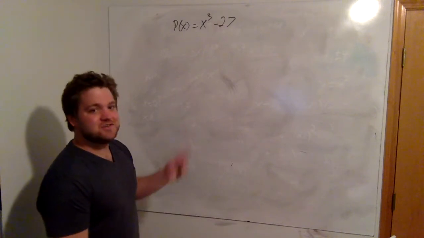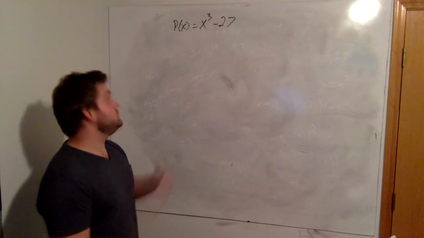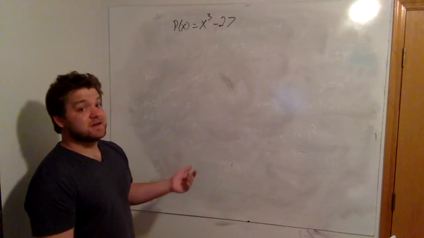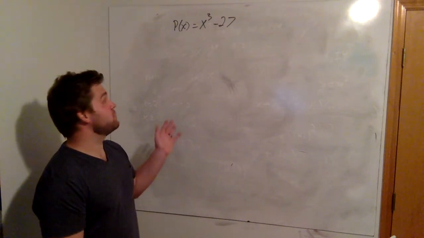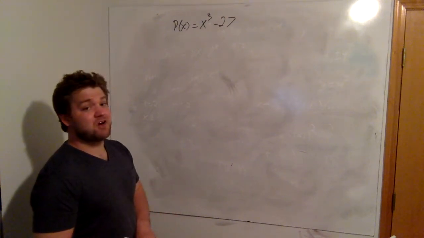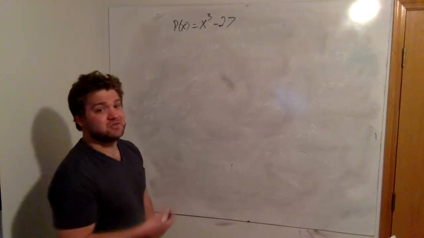So what am I going to do to factor this one if I don't remember the difference of cubes formula? Well, all I can really do here is synthetic division. And notice here, if I can find one of the roots, I can break this down. I can easily find one of these roots without making even a huge list of them.